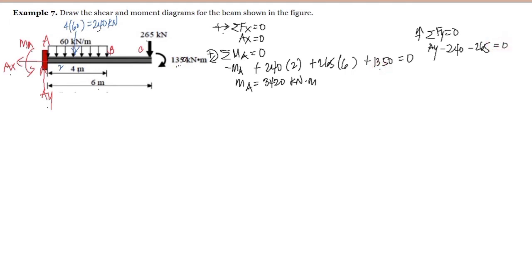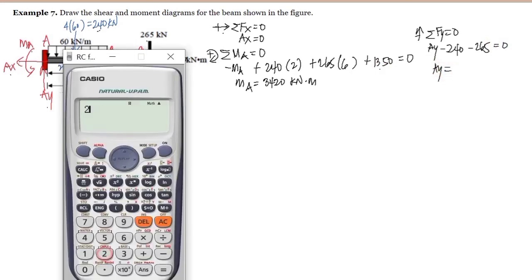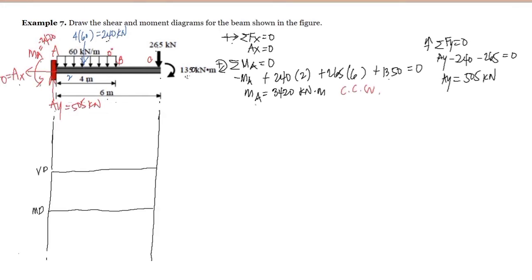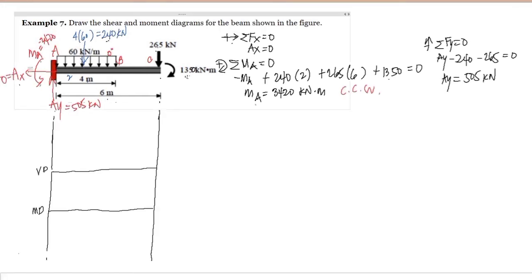So AY is equal to 240 plus 265, and that is equal to 505 kilonewton. So AY is equal to 505, and the moment at A is equal to 3,420 kilonewton meter.